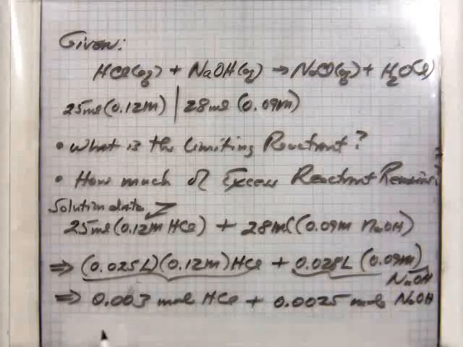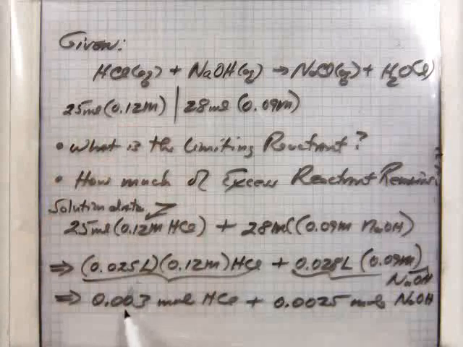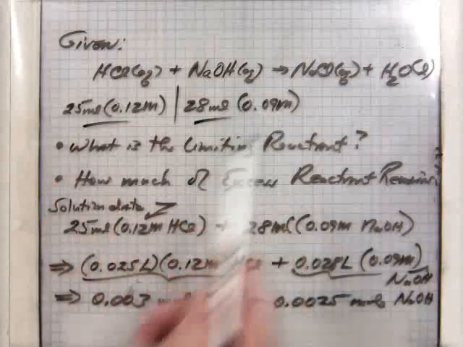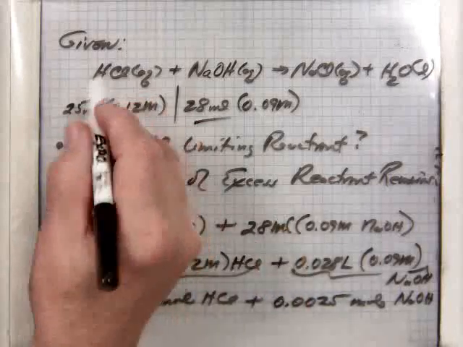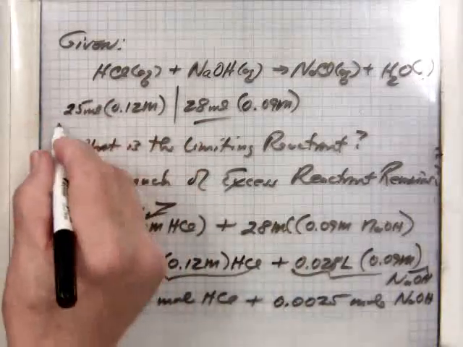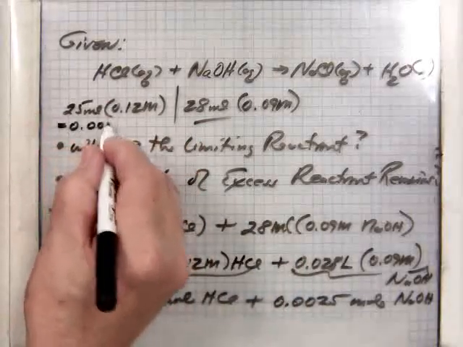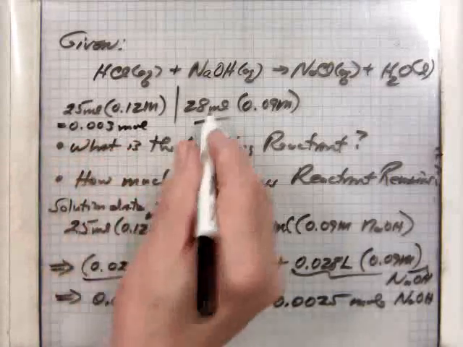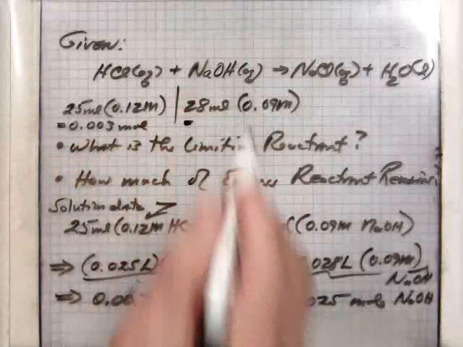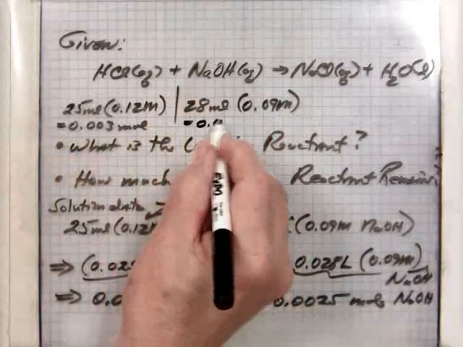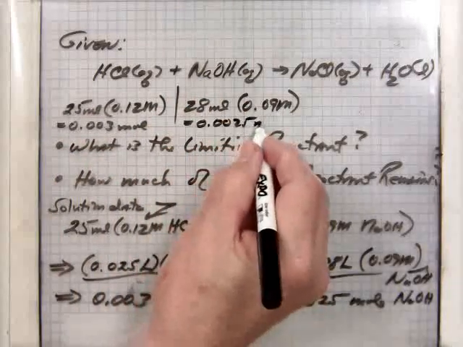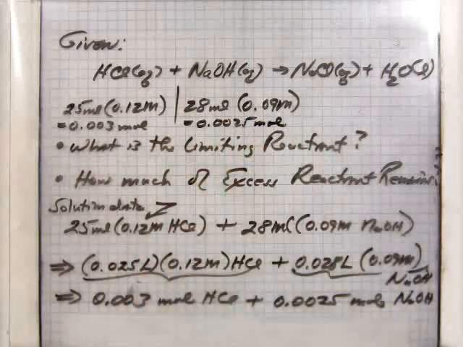Now this data is in terms of moles, so we have 0.003 mole, and this one also is in moles, so that's 0.0025 mole of the sodium hydroxide.